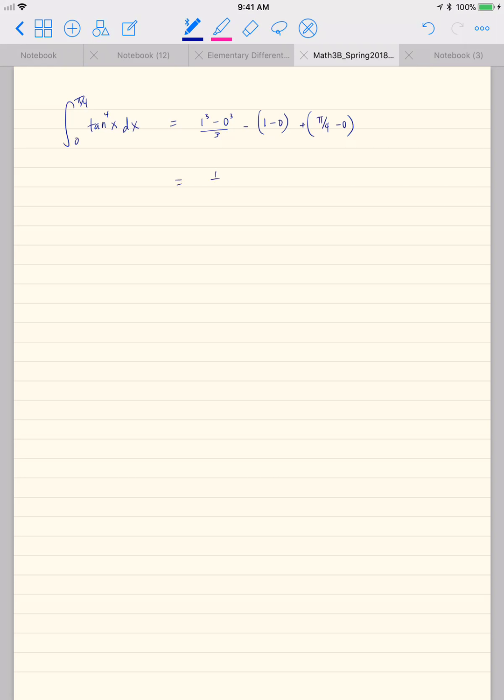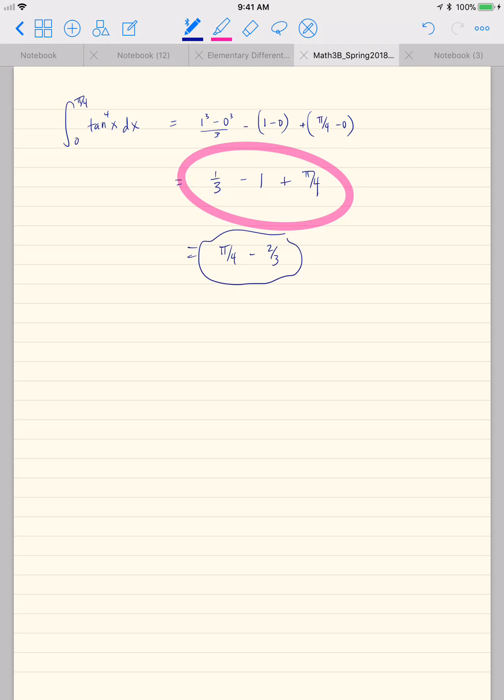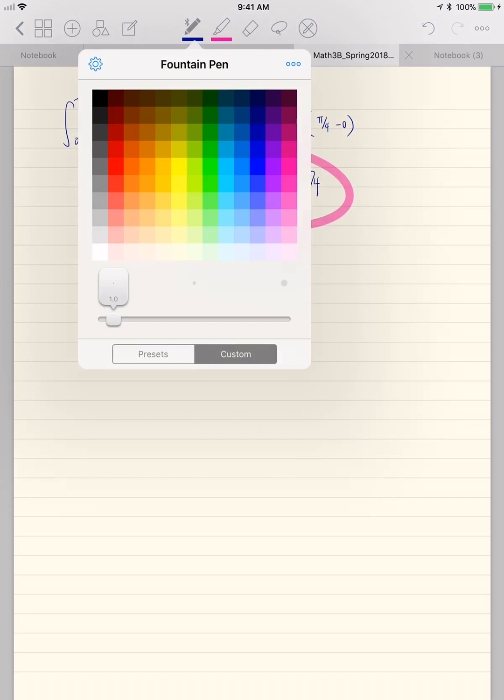And so we'll get 1/3 minus 1 plus pi over 4. And that is our final answer. And we could actually simplify this a bit, I think. So it could be pi over 4 minus 2/3 as well.